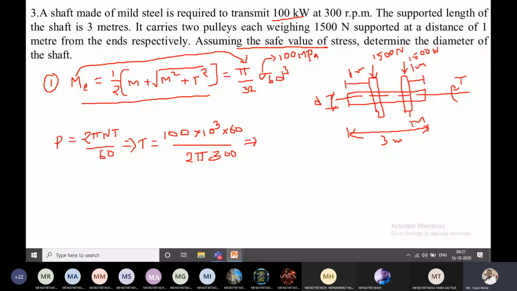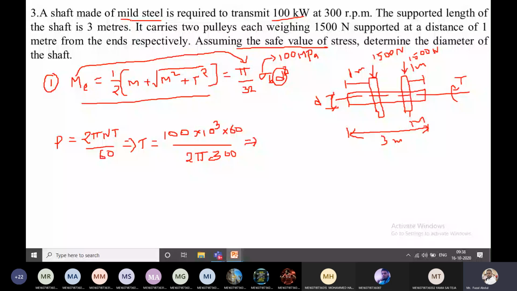What is the design of the shaft? It means determine the diameter of the shaft. In the question it is given to assume safe values of the stresses. So the safe value for the bending stress we consider for the steel material. Here the shaft material is mild steel, so based on the material property, I selected σb as 100 megapascal.